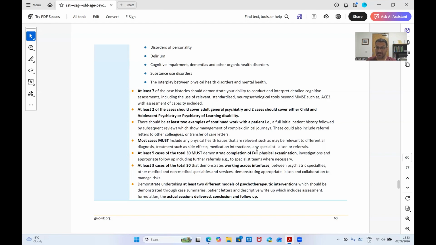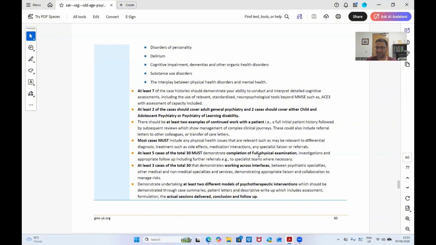And then again, I mentioned the differential diagnosis, physical health issues, medication interactions, anticholinergic burden, polypharmacy cases. In fact, in most of my case histories, I've included the ACB, the anticholinergic burden score as well. So make sure you're doing that. As I've mentioned, at least 5 cases of total 30 must demonstrate complete full physical health examination.